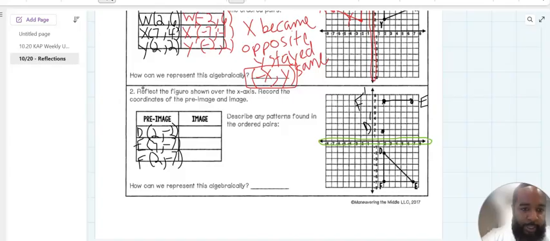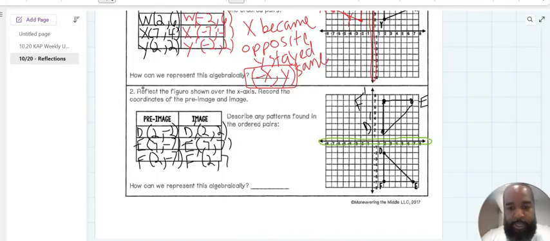So if I were to connect my dots, we should be able to see how this looks like it's looking at each other, right? So my new points are D prime, which is 2 comma positive 2, E prime, which is 7 comma positive 7, and F prime, which is 2 comma positive 7.